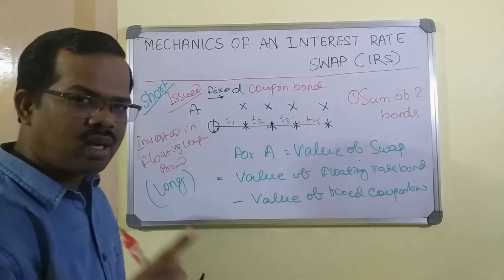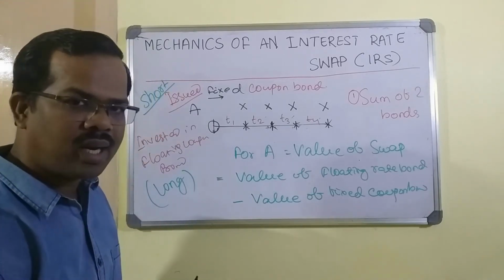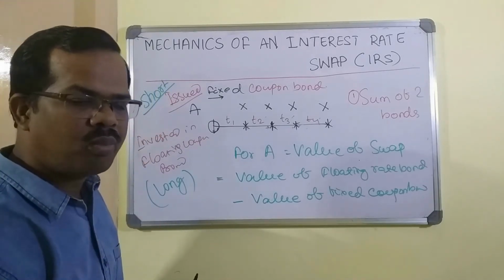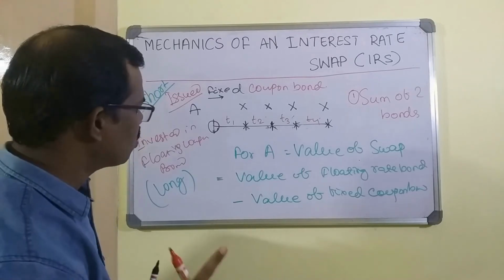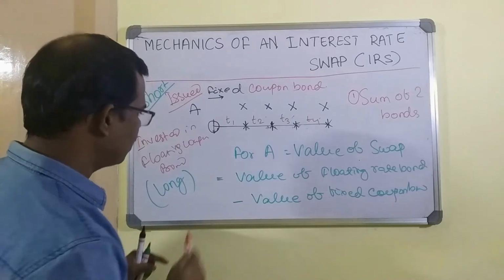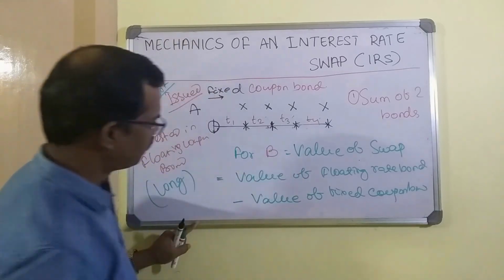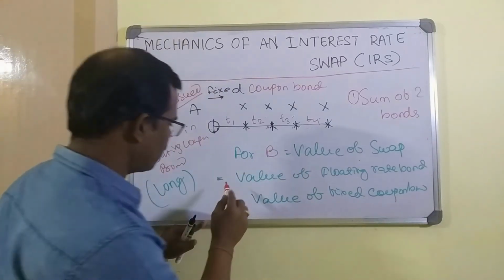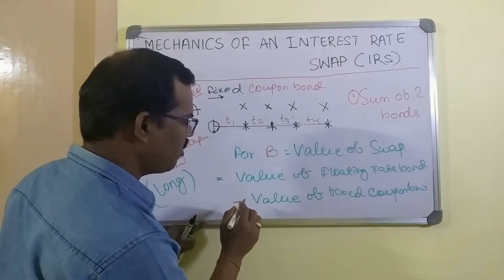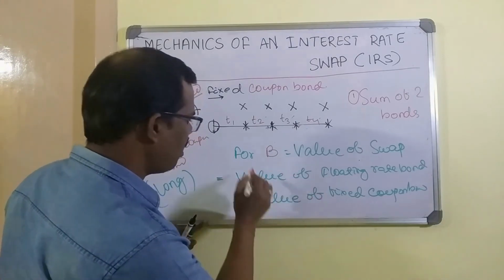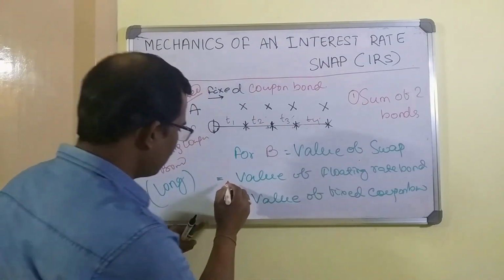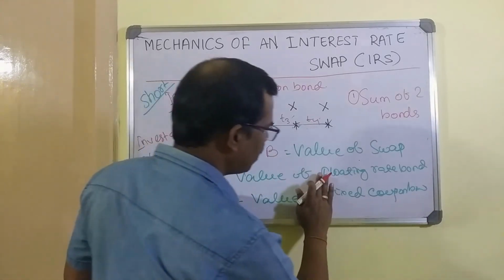And for B, as I have told, it is exactly going to be the mirror image of the position of A. So what will happen? Now for B, it will be exactly opposite. So it will be the value of the fixed coupon bond minus the value of the floating coupon bond.